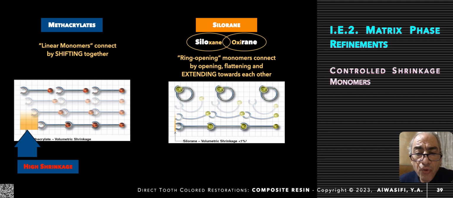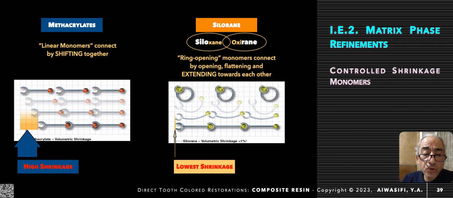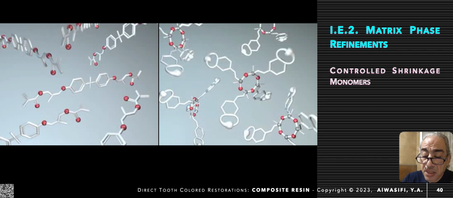This ring molecule, upon polymerization, first opens and expands, then connects, but the expansion firstly will offset the coming shrinkage within this total amount of shrinkage. That's why they said controlled shrinkage or low shrink. Let us see it in these clips.